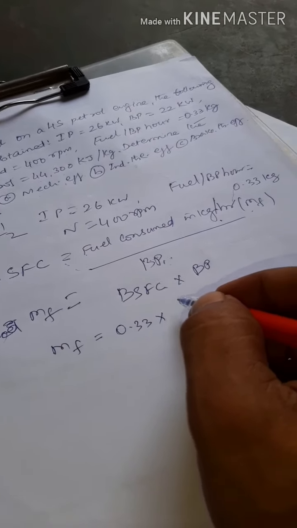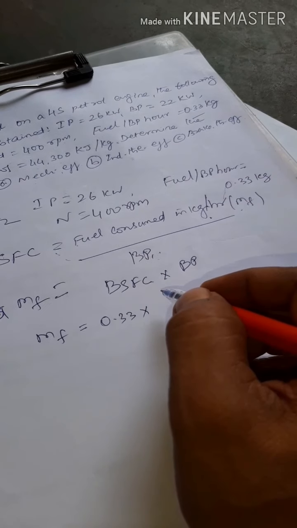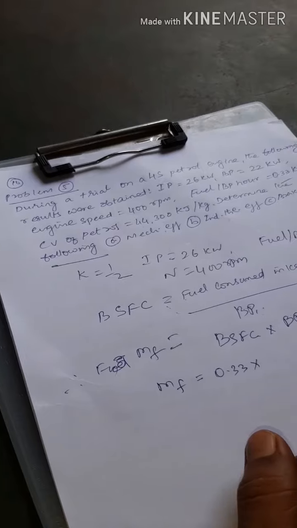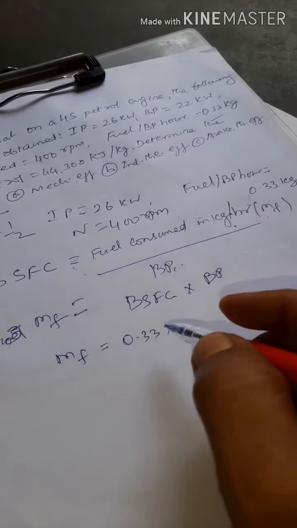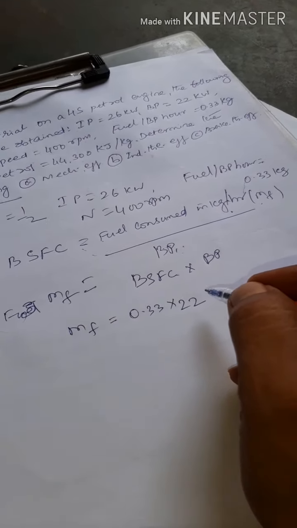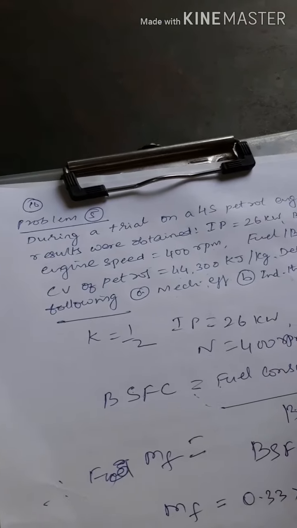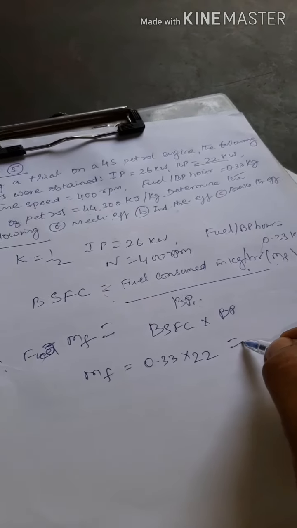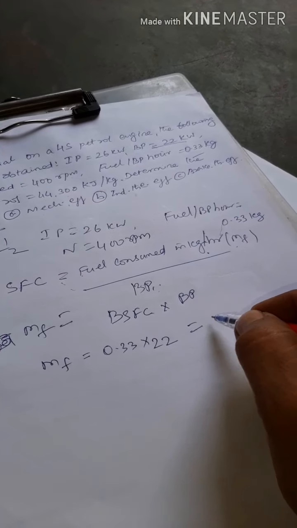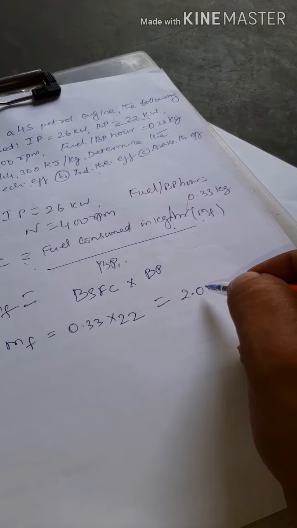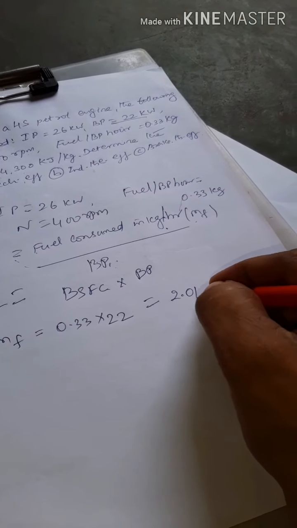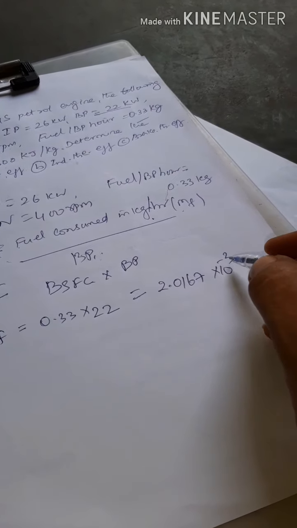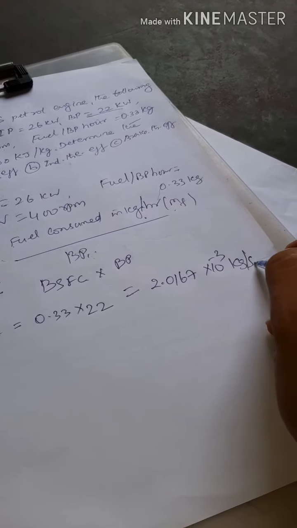How much is the brake power given? Brake power is given as 22 kilowatts. Therefore MF is equal to 2.0167 into 10 to the power of minus 3 kilojoules per second.